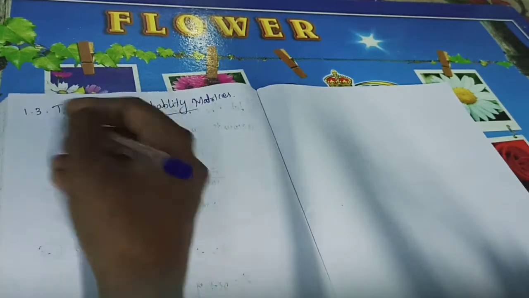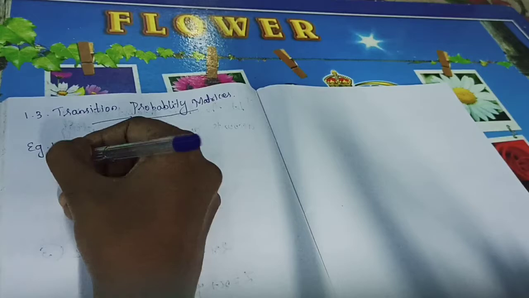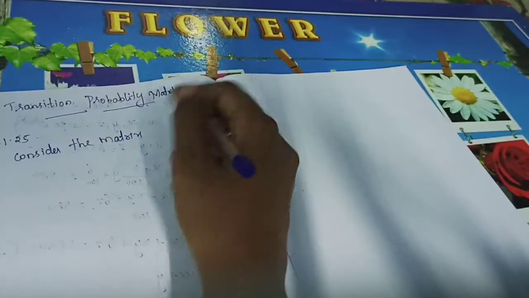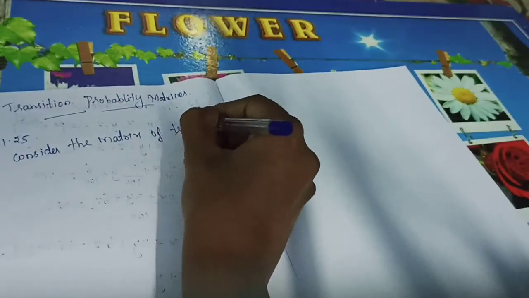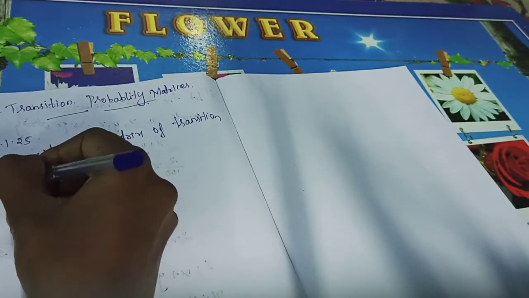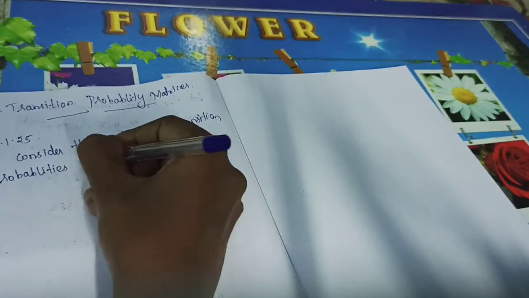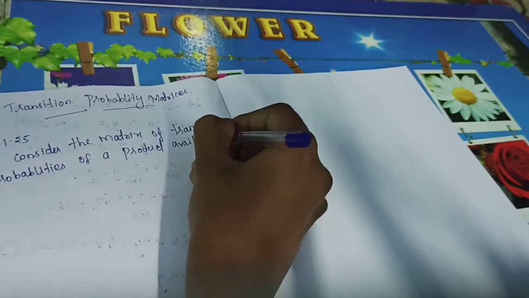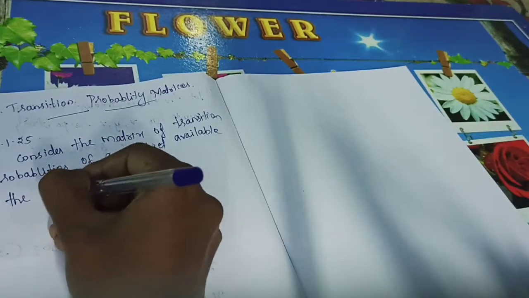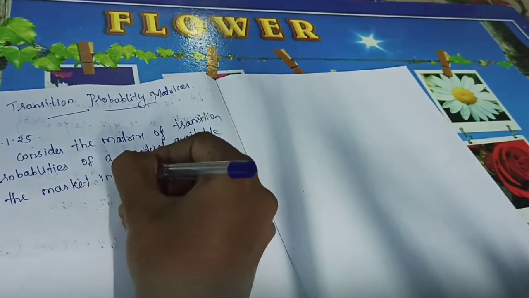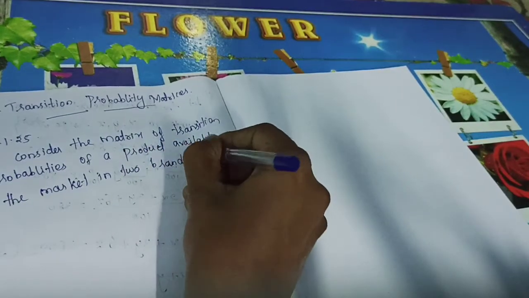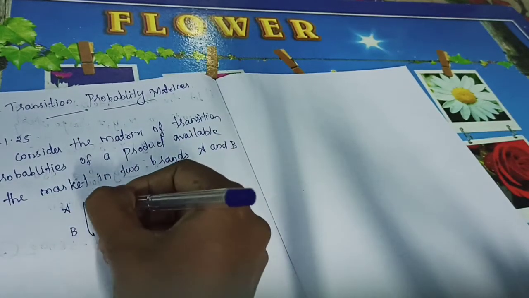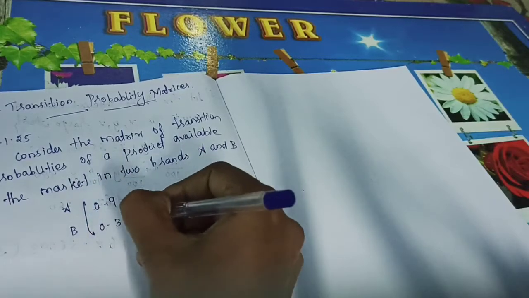Example 1.25. Consider the matrix of transition probabilities of a product available in the market in two brands A and B. So A, B: 0.9, 0.1, 0.3, 0.7.